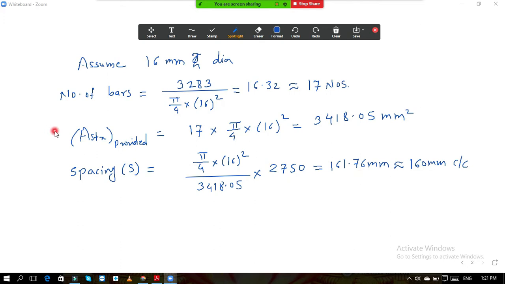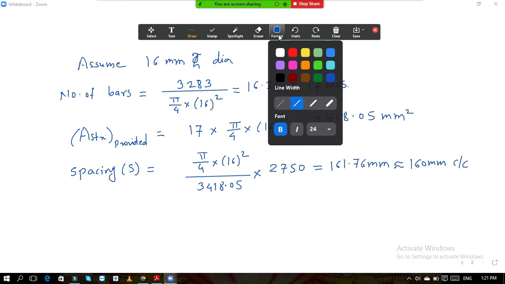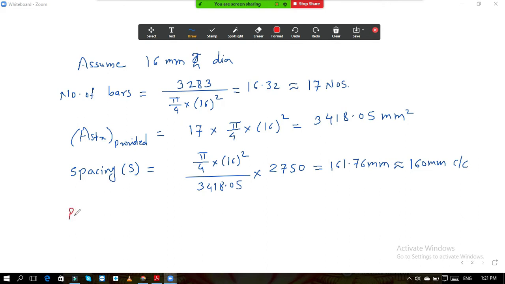So now I will write over here: provide 17 numbers of 16 mm diameter bars at about 160 mm center to center.